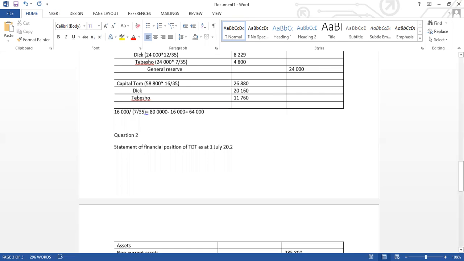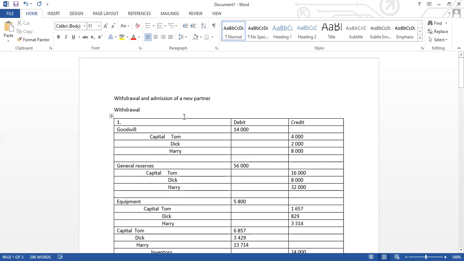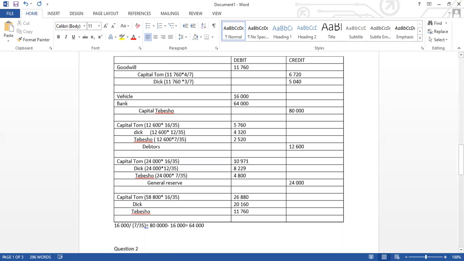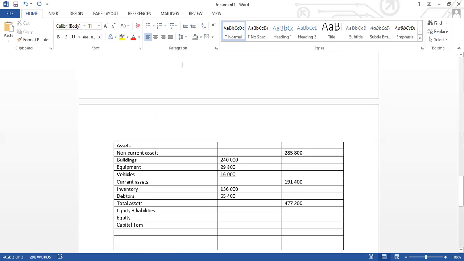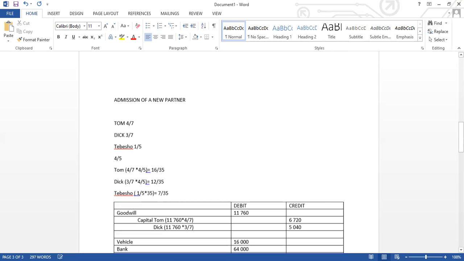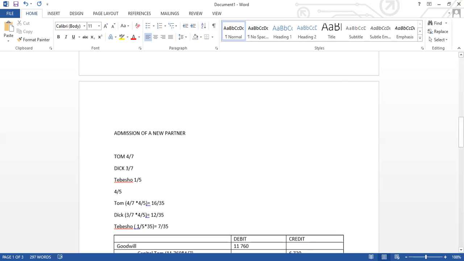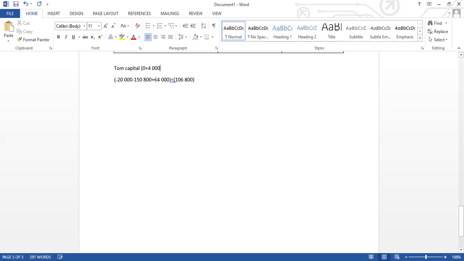So let's go back to our information. Tom has capital credit 4,000. We said that we add all credits and subtract all debits. So first we have credit 4,000, so it's plus 4,000. And then we have again credit 16,000, therefore we add 16,000.